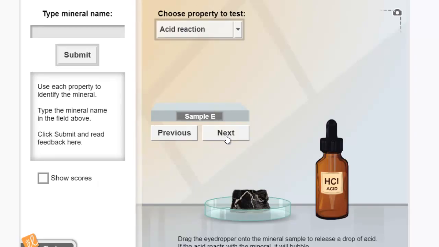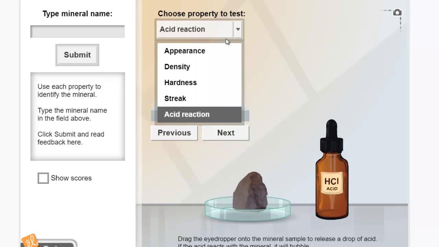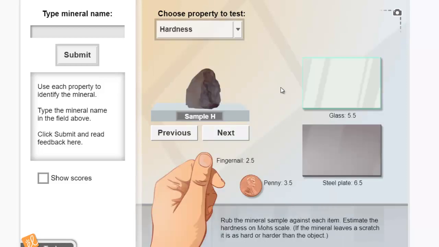There's just one more very fast thing I want to do with you. I want to go to H, to hardness, and show you a harder mineral, because this hematite cuts right through the fingernail, so we know it's harder than 2.5. It scratches the penny, so we know it's harder than 3.5. So right now it's 4.0 or harder.